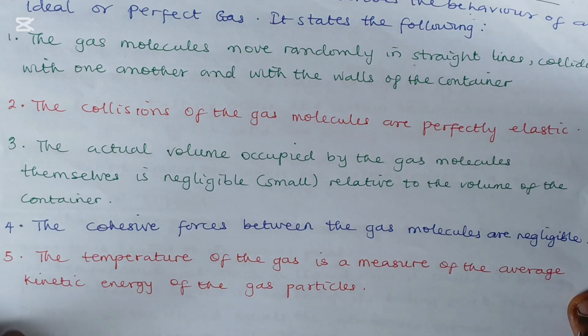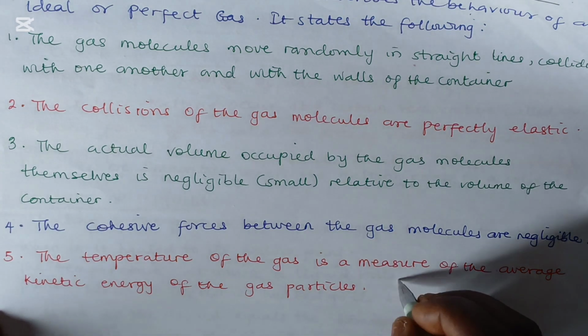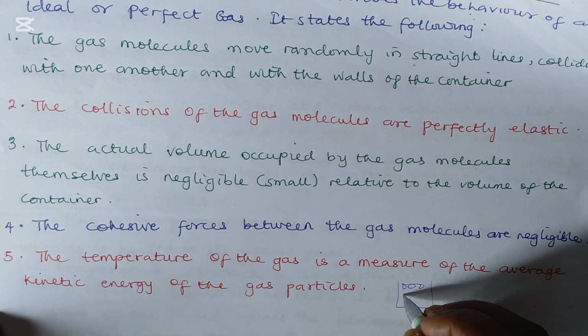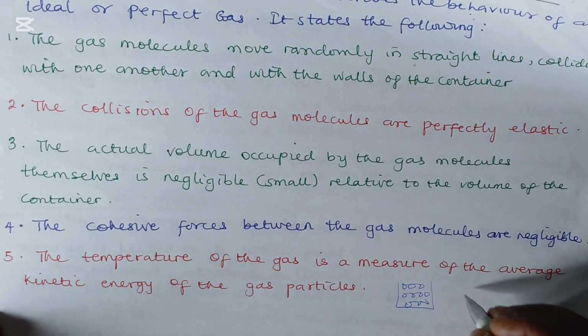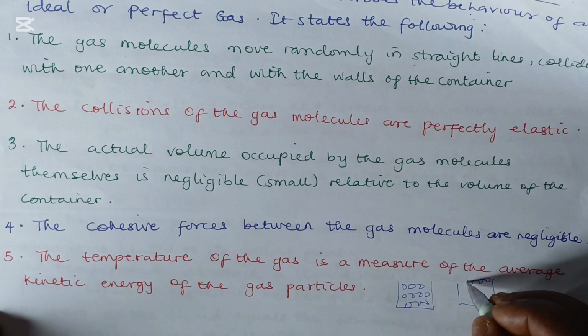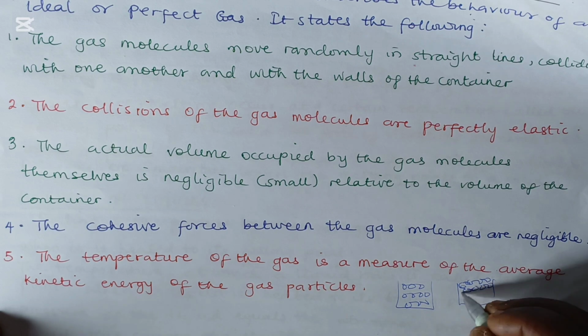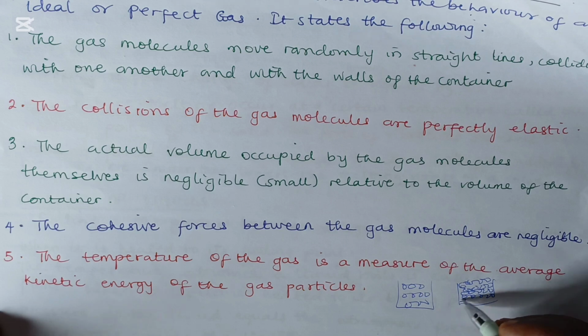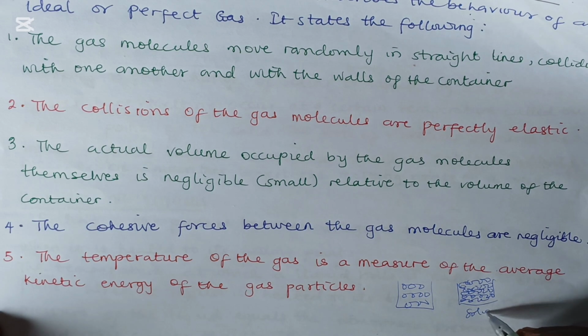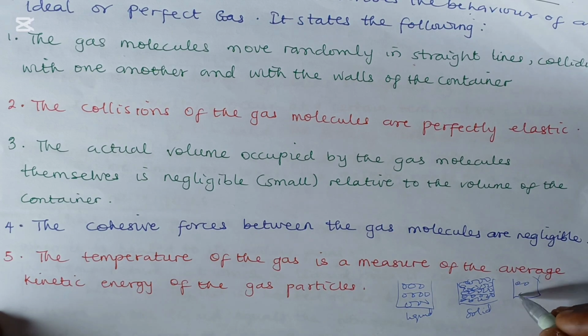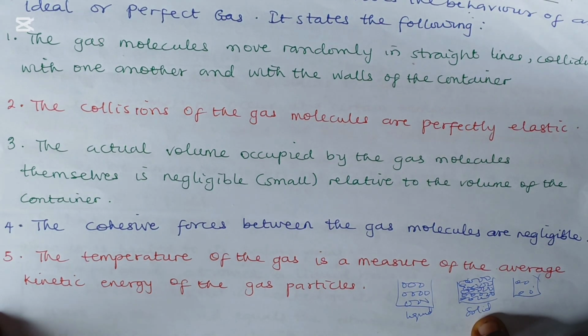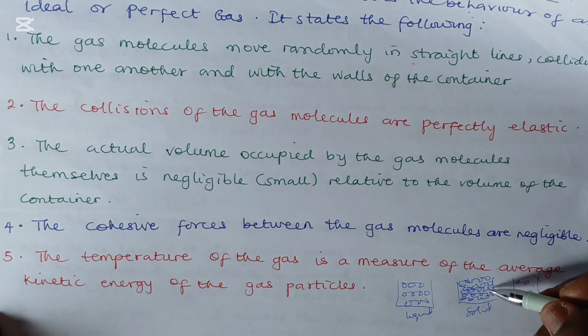For instance, now we know that liquids are made up of particles, solids are made up of particles as well, and also gases. And the particles of solid are tightly held together. Let's assume this is the particles of solid, these are particles of liquid, and that of gases, the particles are free. Now, these particles, as they are tightly held together, when you increase the temperature, the bonds holding these particles break loose and make the particles free.